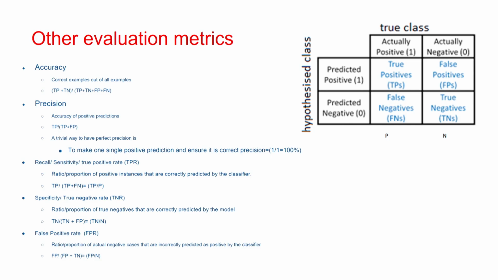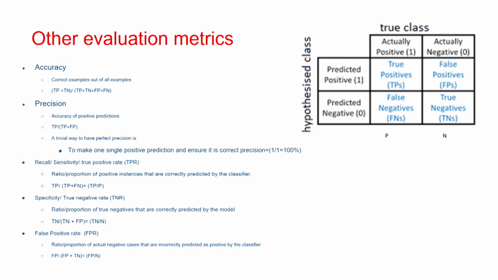That is why it is false positive upon false positive plus true negative. So this is the false positive rate.